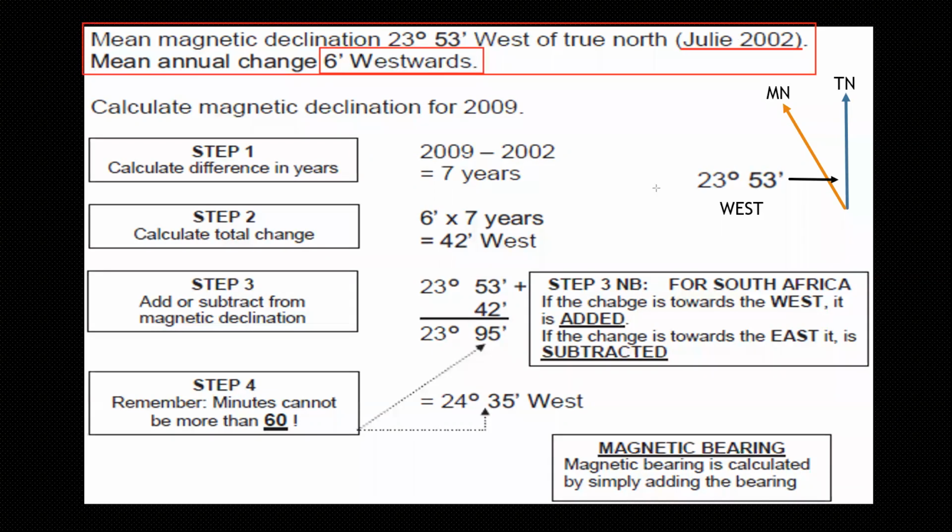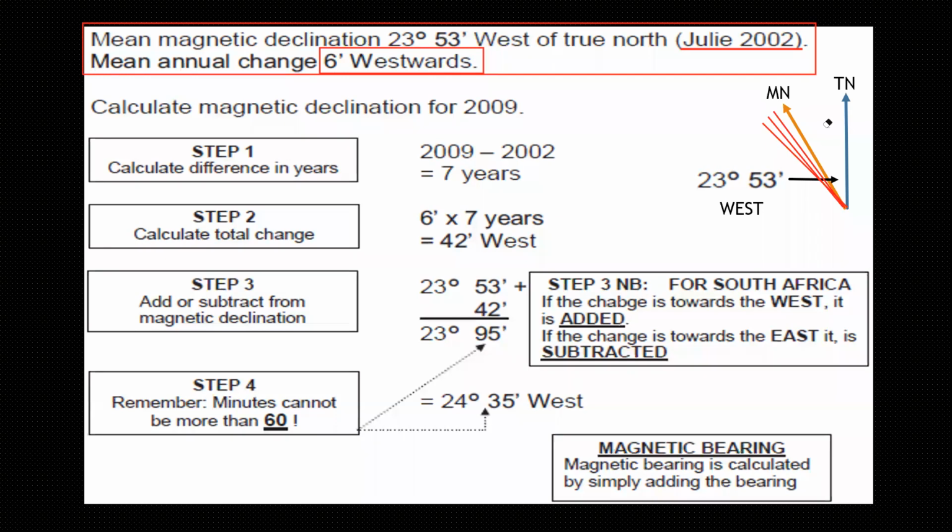If we have to give you an example, it would move 6 minutes in 2003, again another 6 minutes in 2004, and again another 6 minutes in 2005, and so on until 2009. We want to know what is the current magnetic declination for the year of 2009.